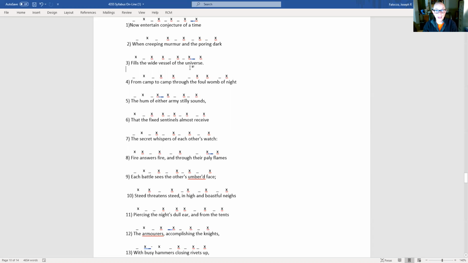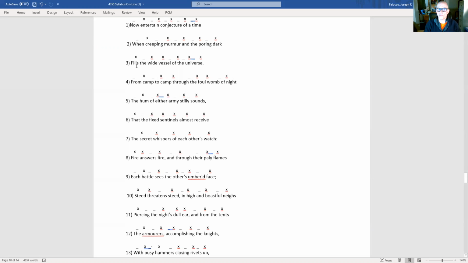Reasonable people can and will disagree on how a given line should be scanned. So some of the things I'm going to point out here are just correct. Some are my interpretation. So you could make the case, and that's okay. That's okay if you make interpretive choices, as long as you understand that most of the lines are ultimately going to be regular. Okay?